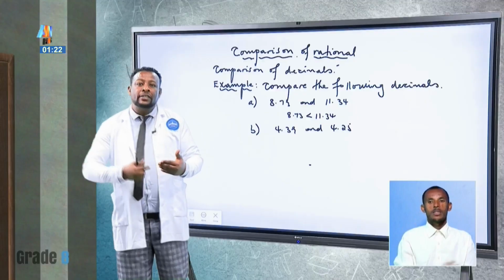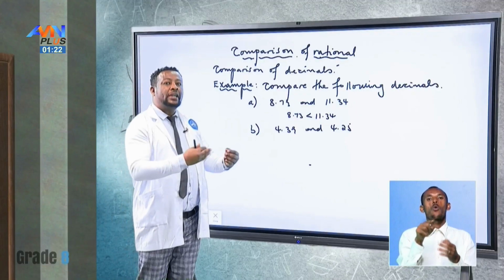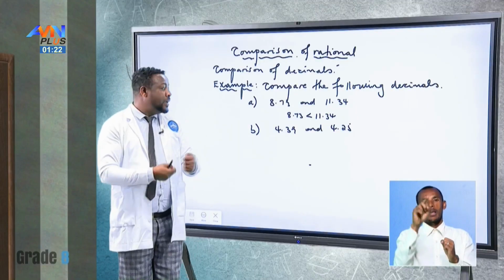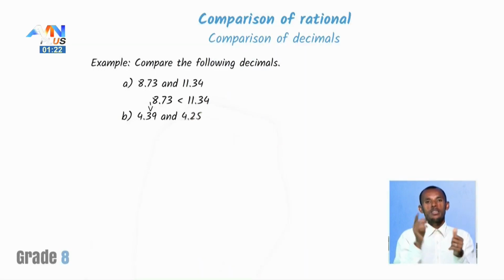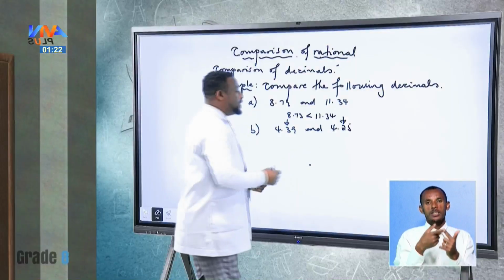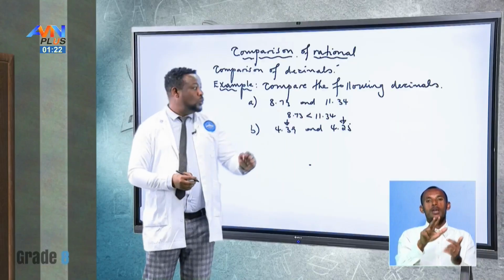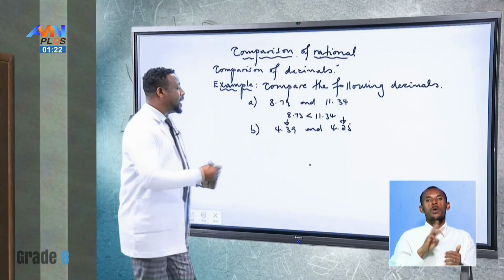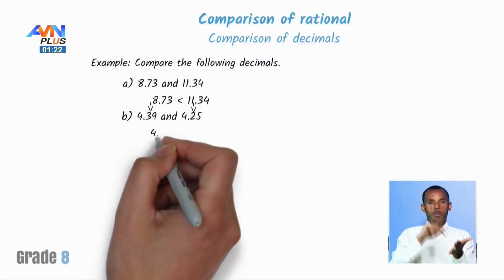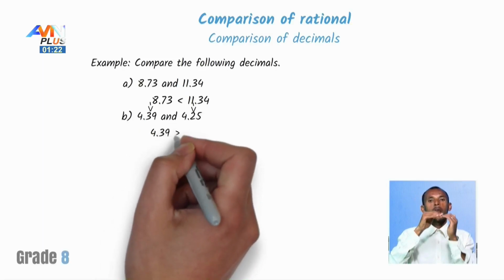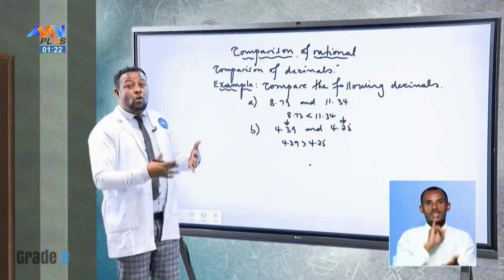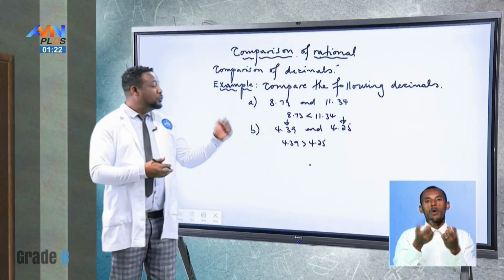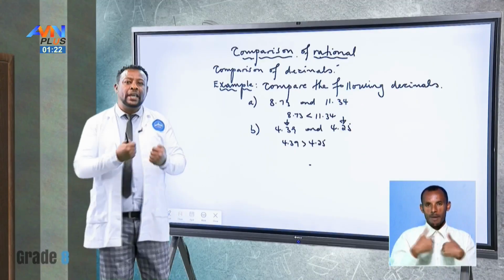In this case, you compare the tens digit. Here, the tens digit for the first decimal is 3, and this one is 2. Since 3 is bigger than 2, we say that 4.39 is bigger than 4.25, okay? This is how you compare whenever you have two decimals having the same integer.